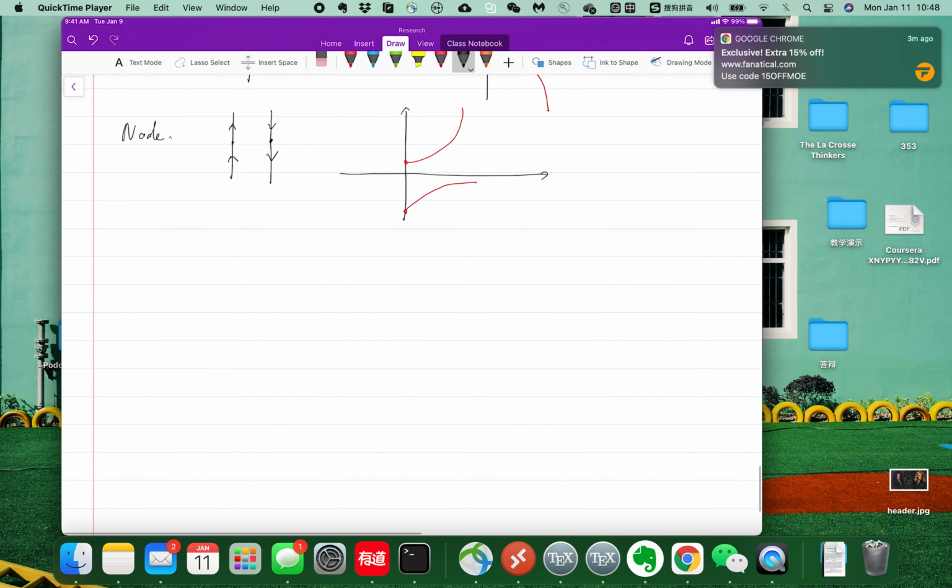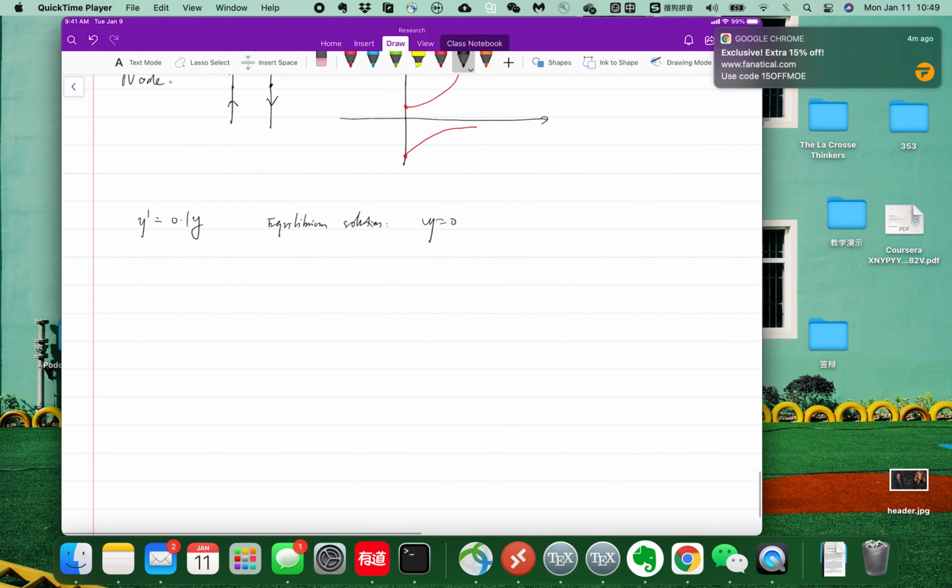Now, very easy things for us to see: for y prime equals 0.1y, equilibrium solution y equals 0. What happens to it? It's a source.